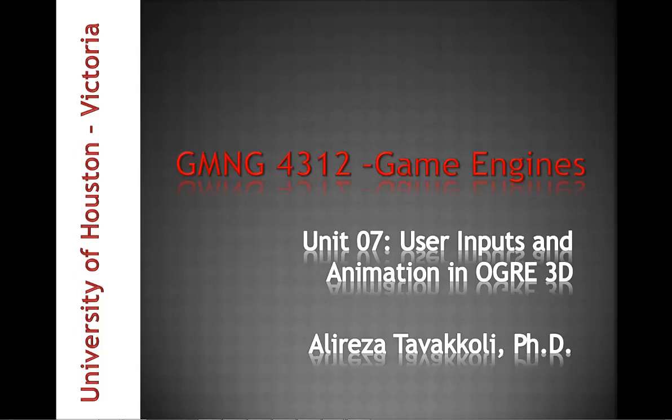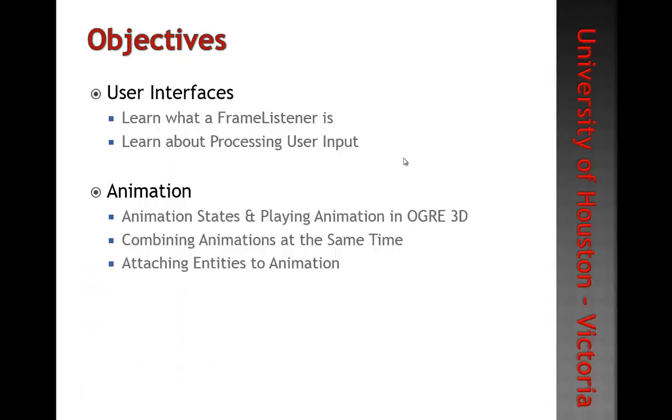In this lecture, particularly, we are going to look at user inputs and learn about the concepts of frame listeners and how we can process user inputs as well as animation.